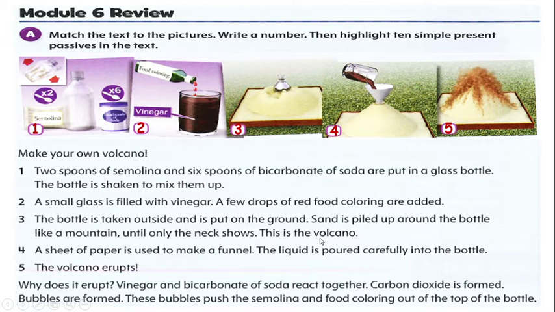This is the volcano. A sheet of paper is used to make a funnel. The liquid is poured carefully into the bottle. The volcano erupts. Why does it erupt? Vinegar and bicarbonate of soda react together.